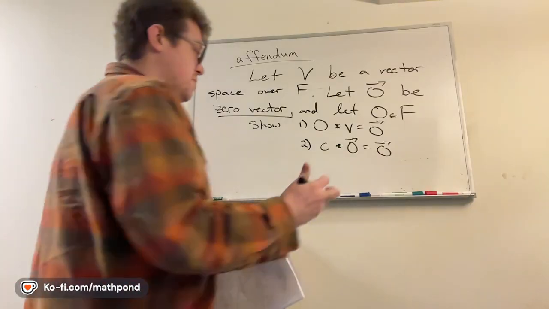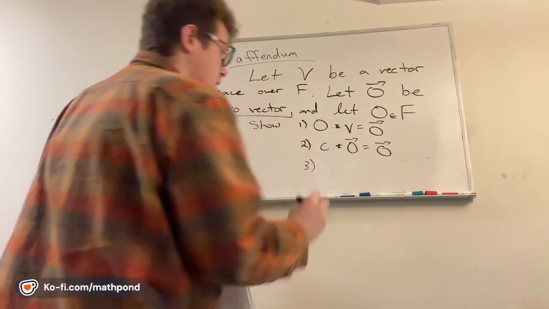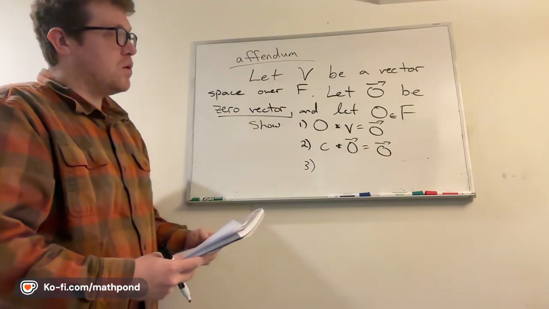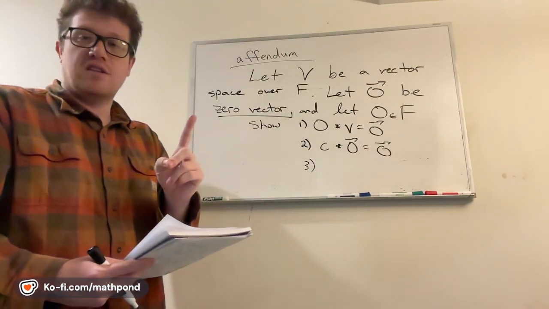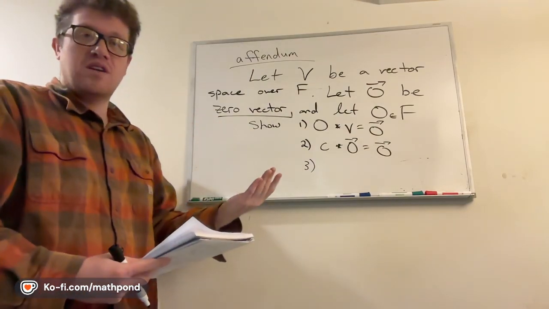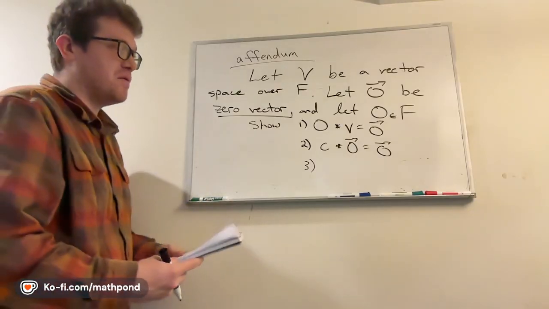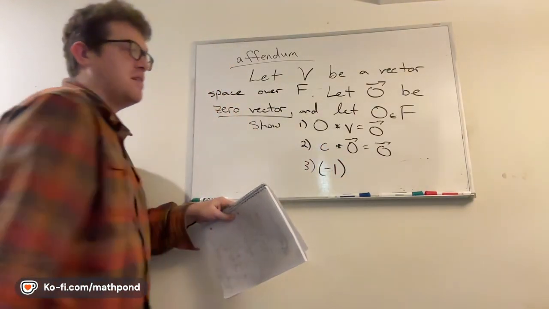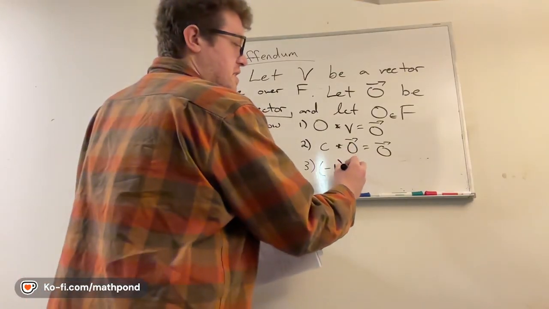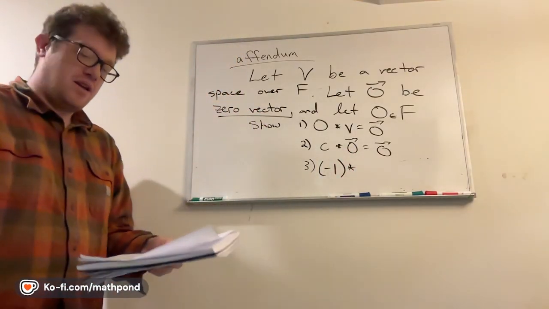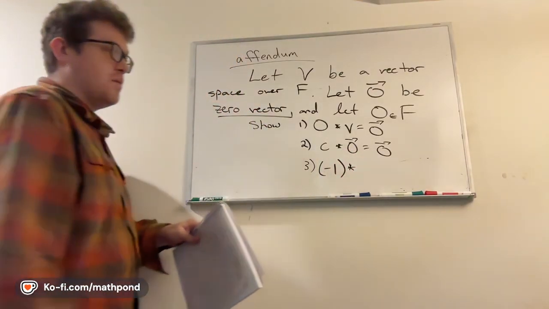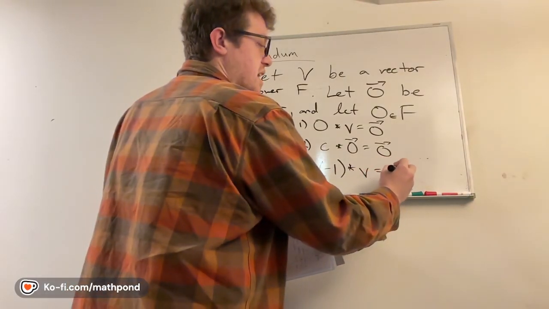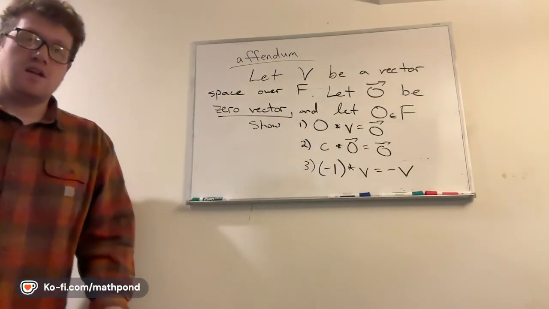The third one is that -1, so every field has a 1, and -1 is going to be the additive inverse of 1, and the theorem says that if we scale a vector by that quantity, then we get the additive inverse of the vector, which is -v.